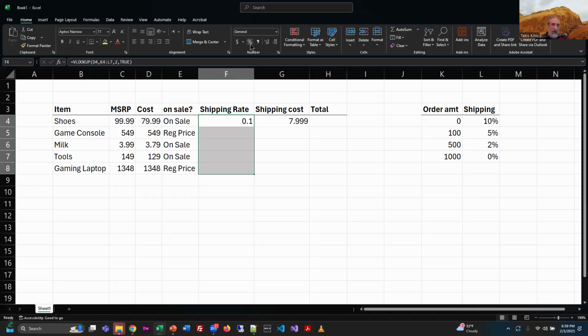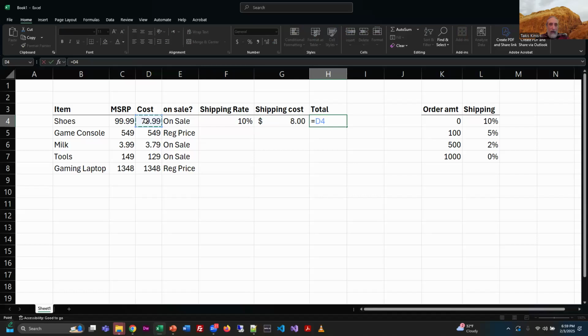These are really percentages. This is really a dollar amount, right? Notice how it rounded. Interesting. And then the total would be the cost plus the shipping, and we would place it here. Why did it round up to $8?